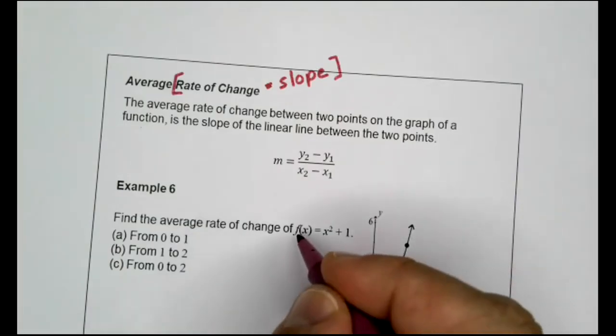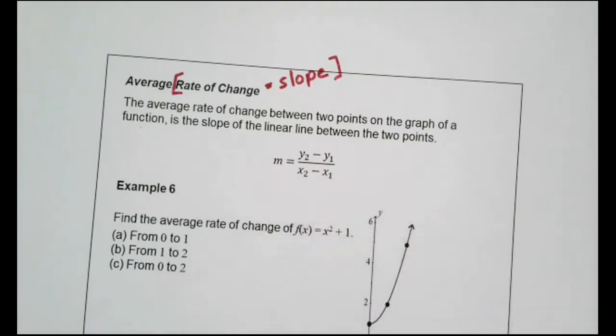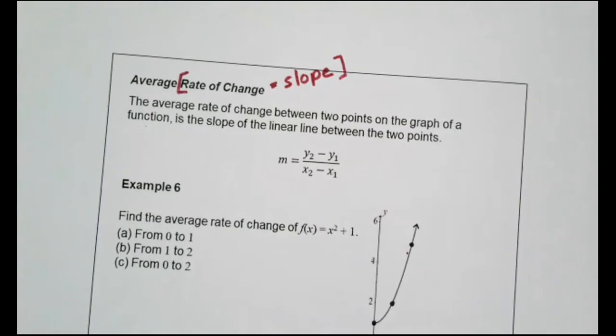So we have an equation, f of x equals x squared plus 1, and then we want to find the rate of change from point 0 to 1, from the first point to the second point, and then from 0 to the second point, okay?